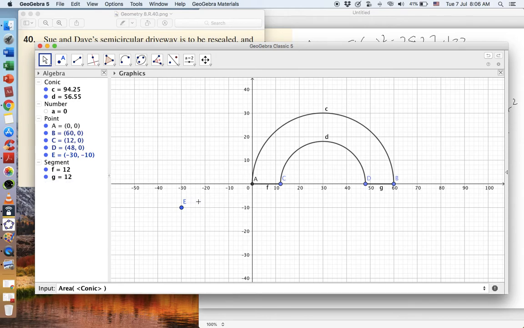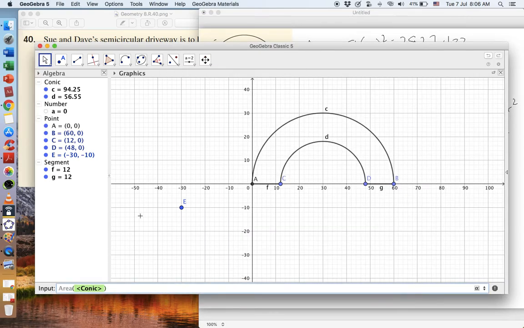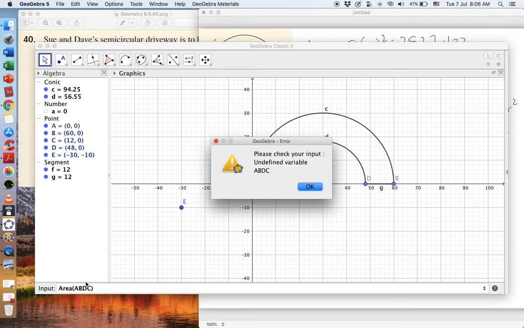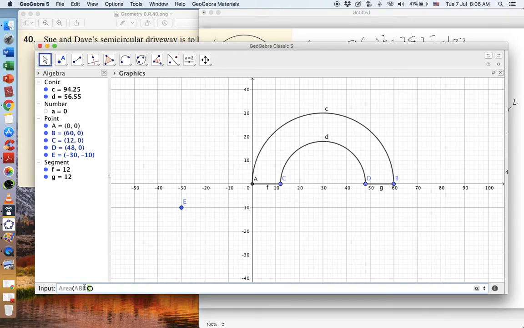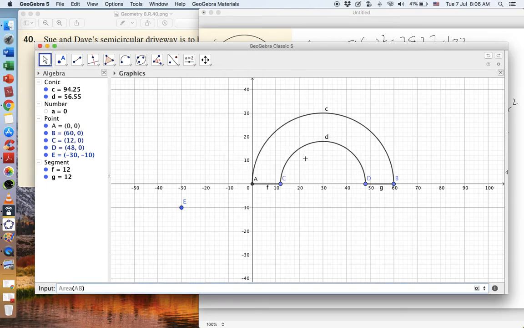And so I think this is illustrating my point relatively well, that it's not too easy to find the areas on GeoGebra as compared to just doing it by hand. A, B, D, C? No. The area of AB? No. Well, that's not fun.